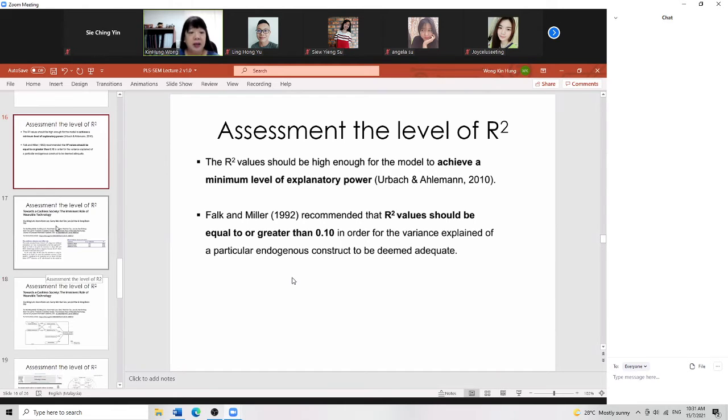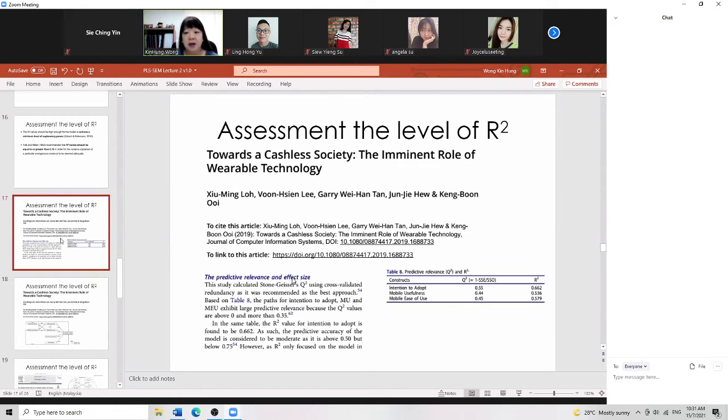So here is another example, all right? Here you have the construct, intention to adopt mobile, perceived usefulness, okay? So R square is here, all right? The study indicated that, based on this, the path for intention to adopt MU is large and predicted relevant because the Q2 value is above 0 and more than 0.32.